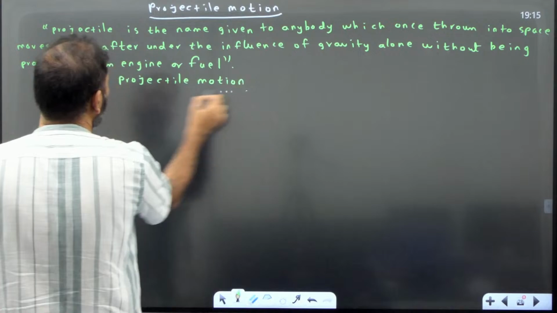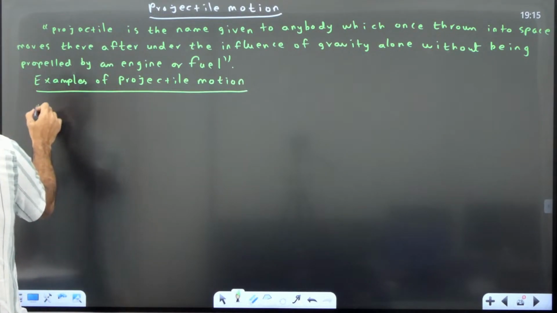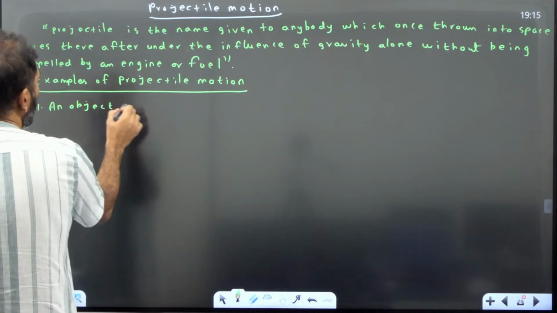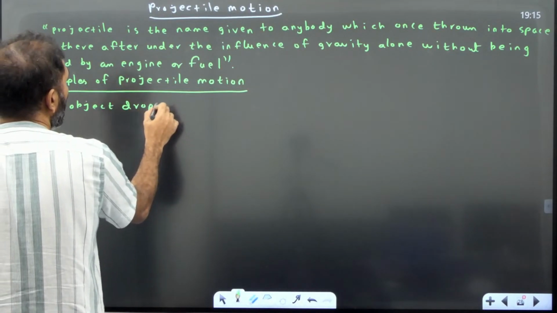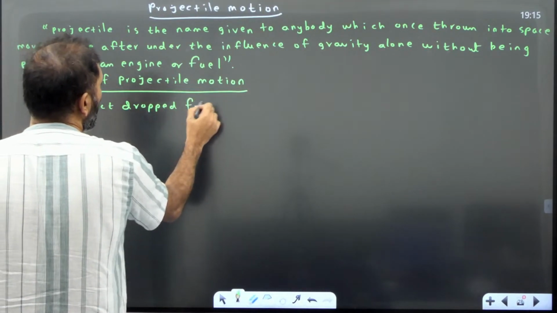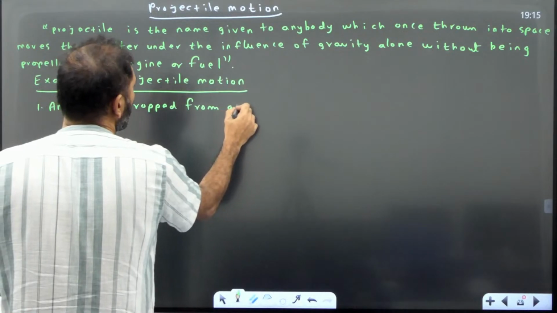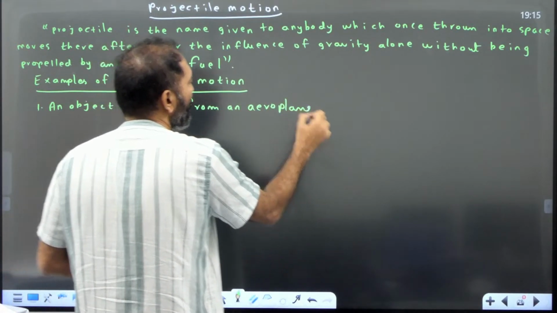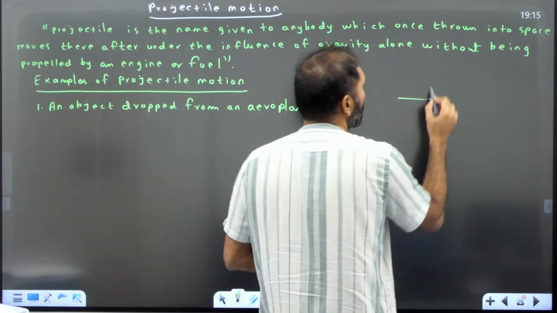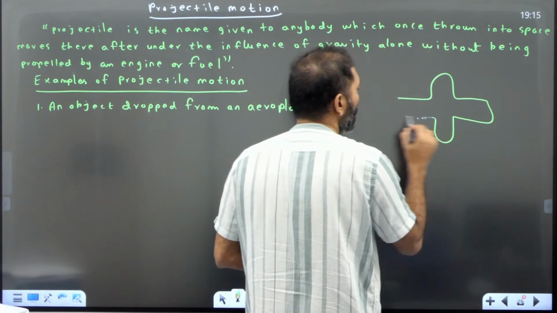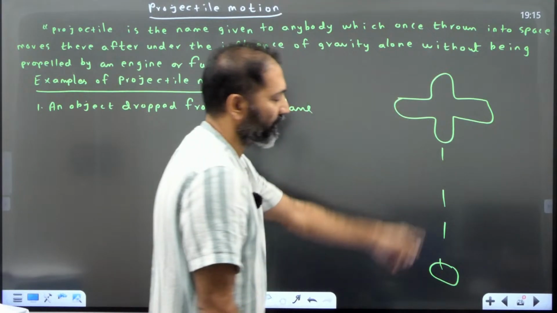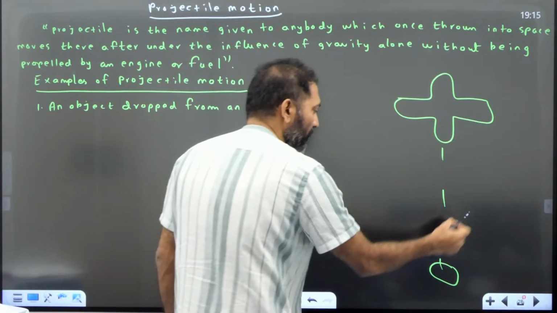Let's see what the examples are. First one, an object dropped from an aeroplane. So what happens when an object is dropped from an aeroplane? See, when an object is dropped from an aeroplane, it drops like this. No, this is wrong.